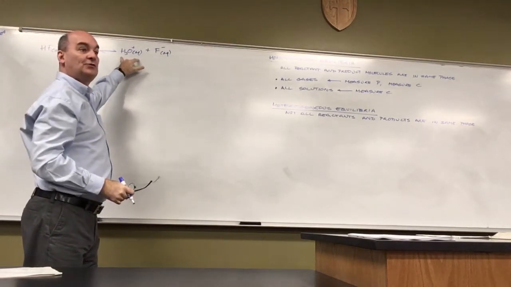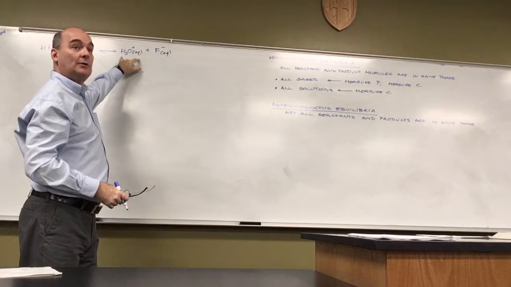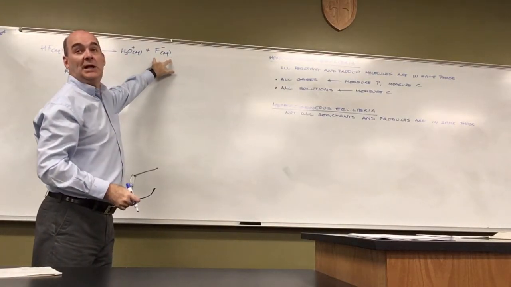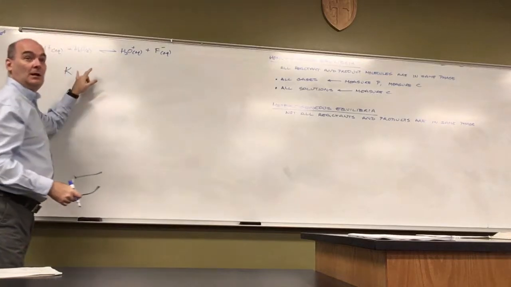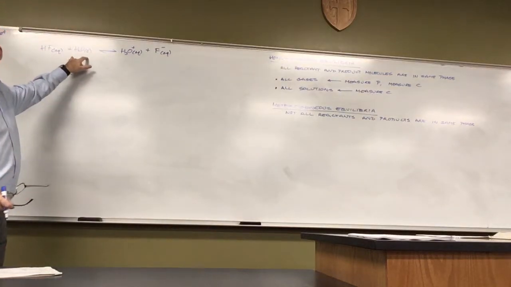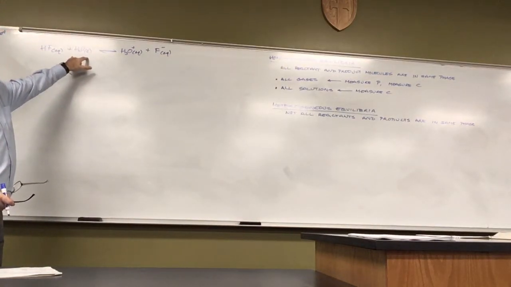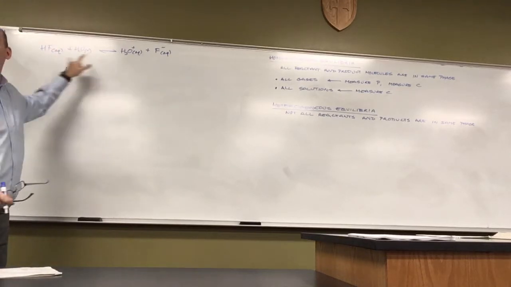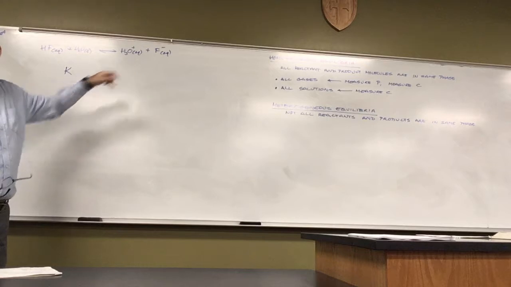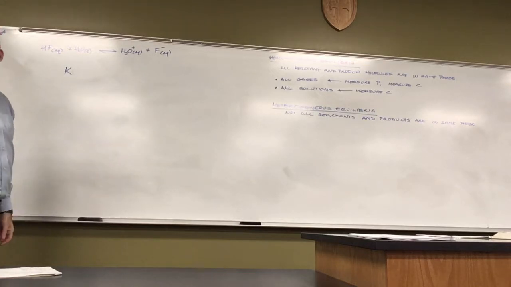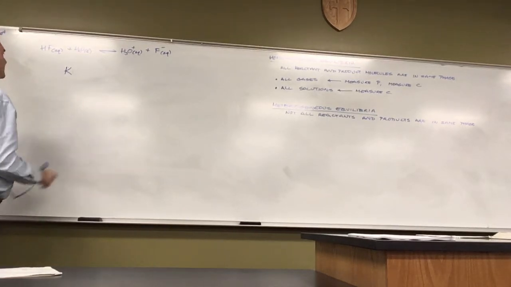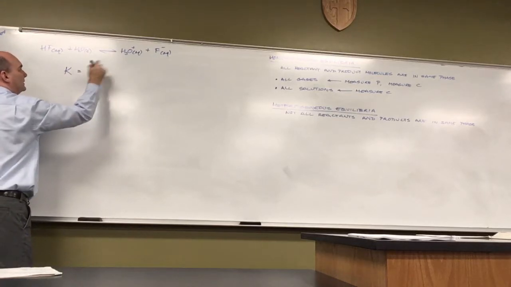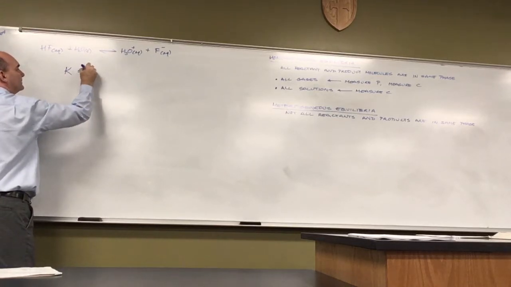H3O+, the solvated hydronium ion, is in aqueous solution. Fluoride is in aqueous solution. But water's a liquid. So these things are not all in the same phase. They're all in solution, but they're not in the same phase. K is product divided by reactant.